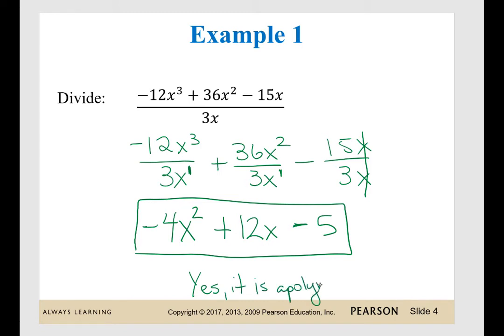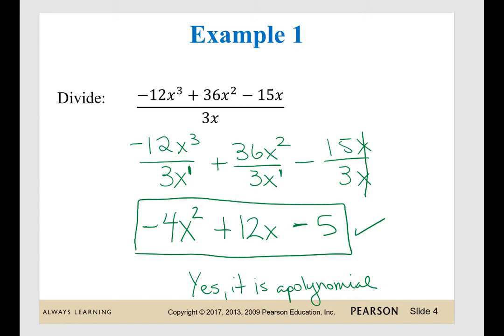Because remember, polynomials have all whole number exponents, 2 and 1. Those are whole numbers. We don't have any negative exponents. We don't have any x's in fractions or anything like that. So this answer is a polynomial. And notice it's in standard form, highest degree term in descending order to lowest degree.